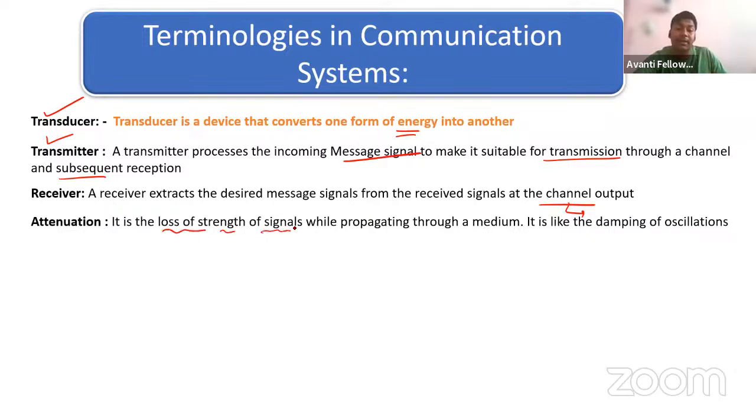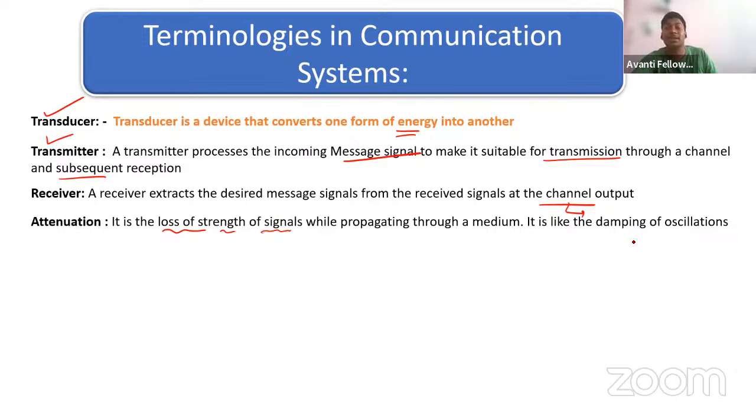If I am producing a signal of 100 megahertz frequency, then because of attenuation and distortion, we do not get exactly 100 megahertz frequency. We will get less because of the attenuation. It is like the damping of an oscillation.